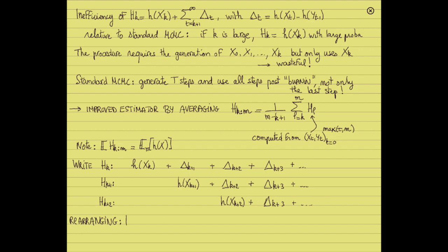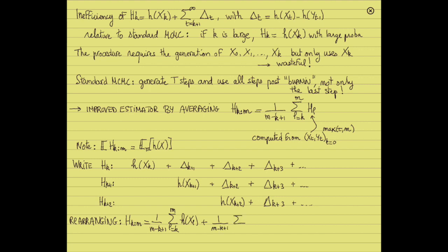And so if we average those estimators and rearrange the terms, we find that H_{k:m} can be written as the average from l equal k to m of h of x_l, so simply the evaluations of the function at the Markov chain. So we have a term like this, which looks a lot like an MCMC average.